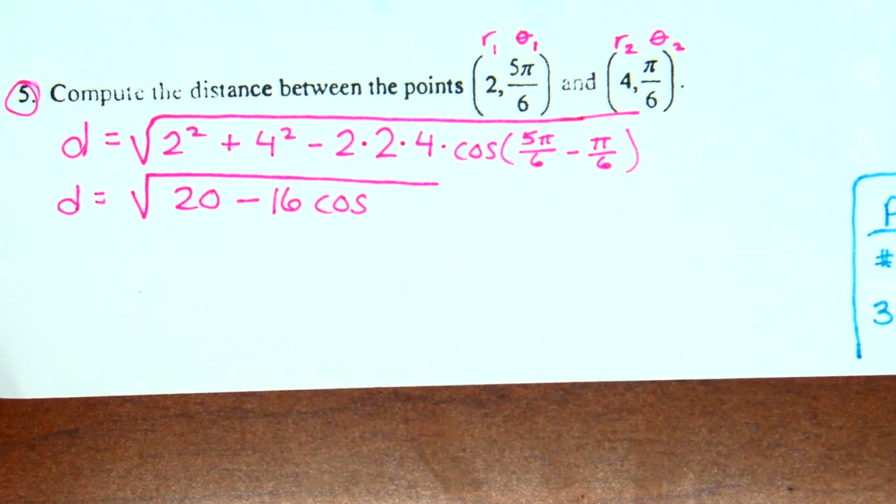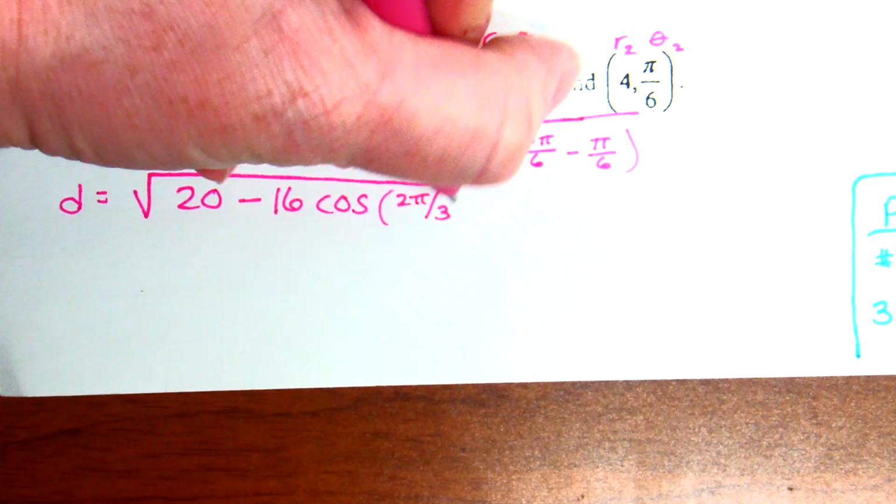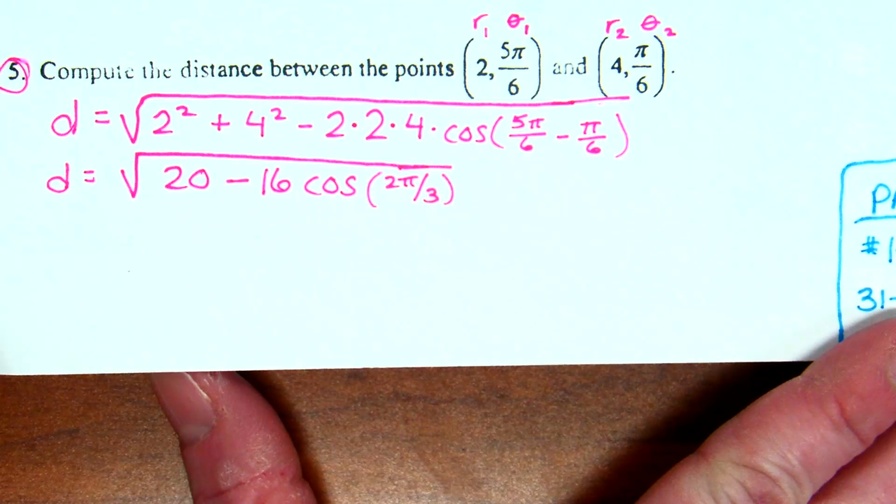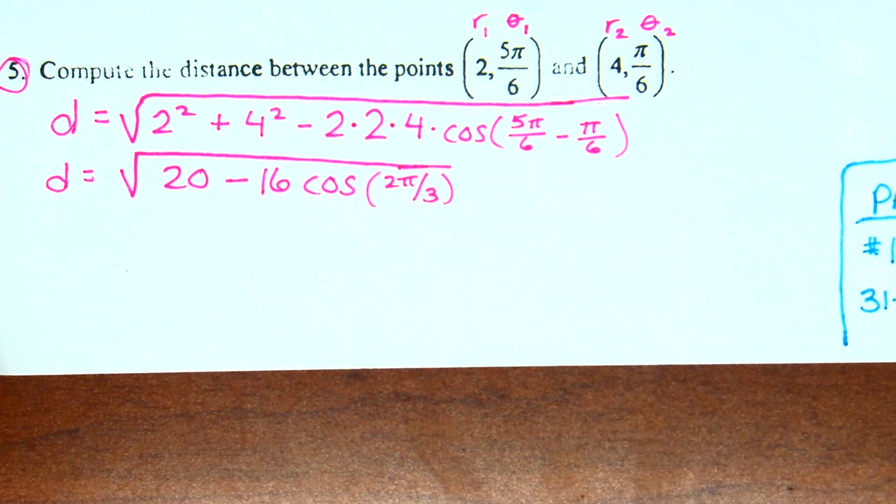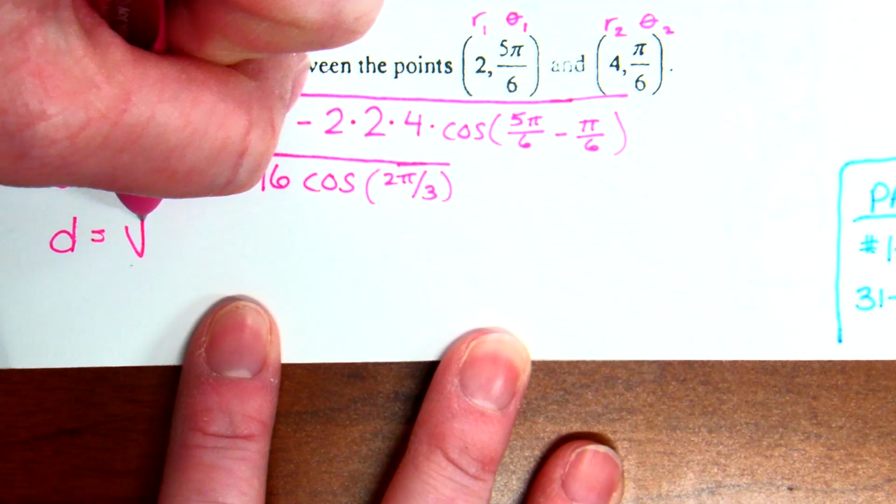But 4 pi over 6 reduces to 2 pi over 3. I'm going to keep working this by hand because 2 pi over 3 is on my unit circle. That's one of those values I can figure out. So square root of 20 minus 16 times cosine of 2 pi over 3.